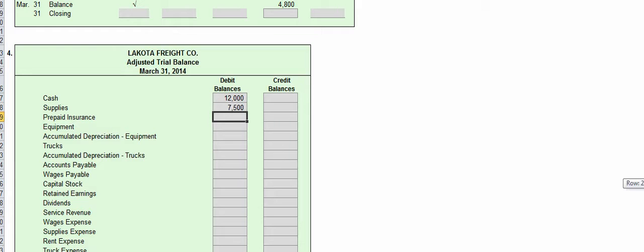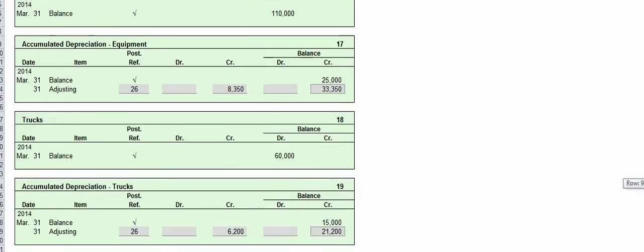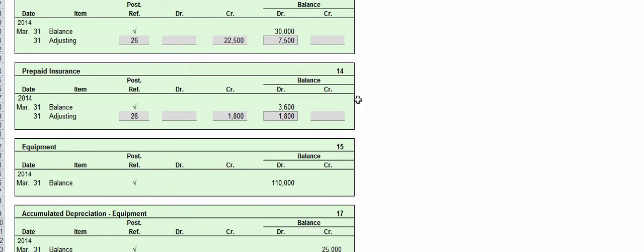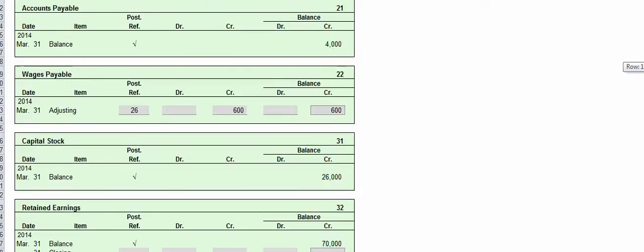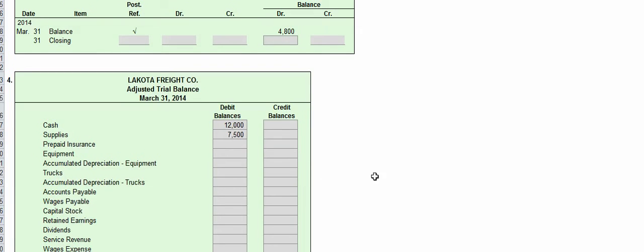Prepaid insurance, let's find it, and equipment. Prepaid insurance is a debit balance for $1,800. Equipment's a debit balance for $110,000. Okay, and then I think we'll come back to the credit column for accumulated depreciation on equipment.